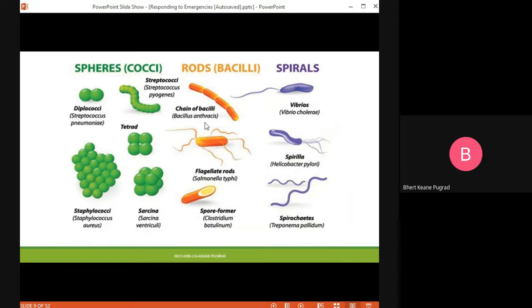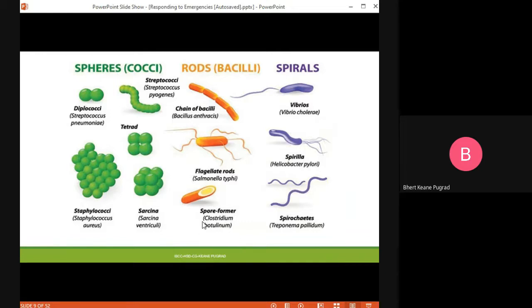If those bacteria are rod shape, okay, rod shape usually are your bacillus or your bacilli, okay. Aside from rod shape, meron din yung mga rod shape na may mga mahabang flagella. Okay? Like for example, we have your Salmonella typhi. Okay?